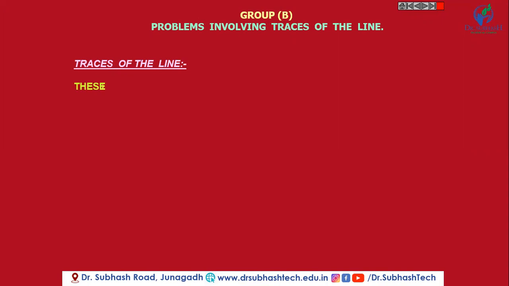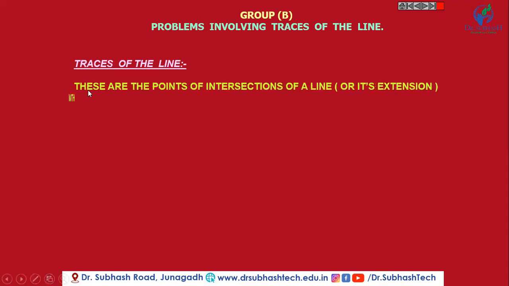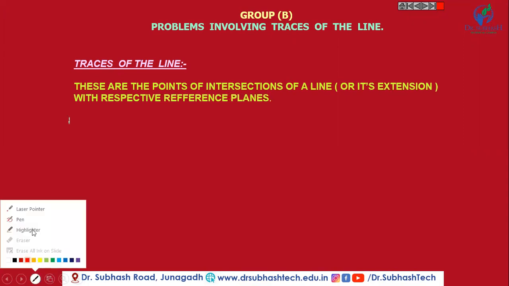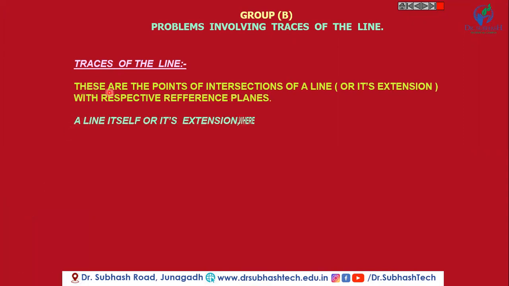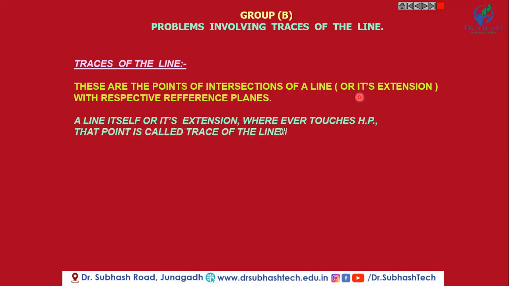Now, first of all, what do you mean by traces of the line? These are the points of intersection of a line or its extension with the respective reference plane.